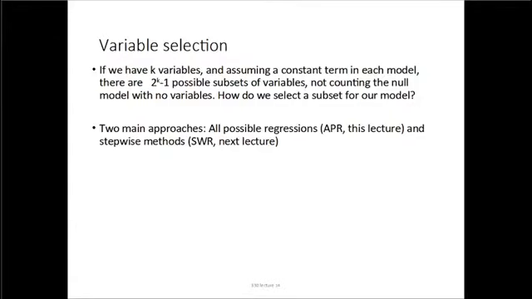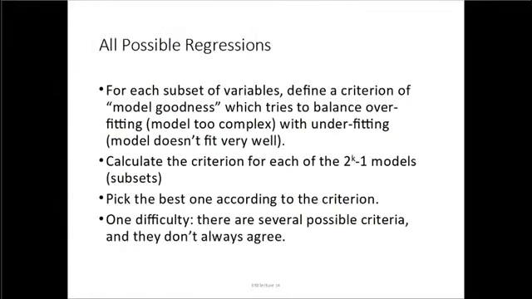The other way is to use some metrics and select the best model, where you can save on time and computational power. So all possible regression, all possible combinations of the variables, and see where you get the best model based on some criteria.